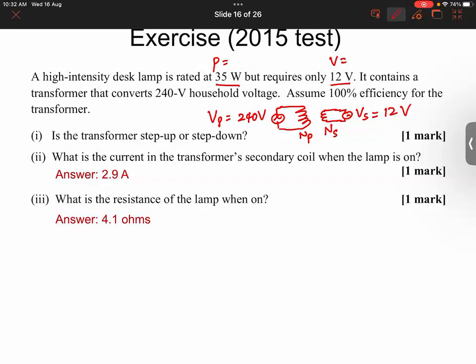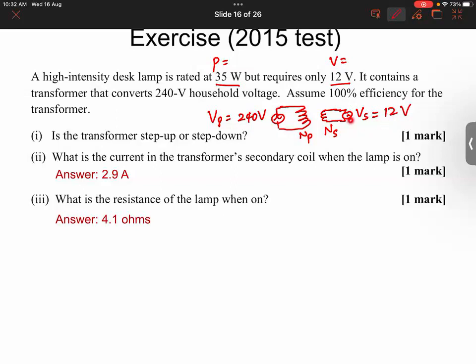So in essence, the mains voltage will be the primary voltage, because that's where you plug your lamp into the mains voltage. There's a transformer in your lamp. The transformer steps down the voltage from 240 volts to the required 12 volts.